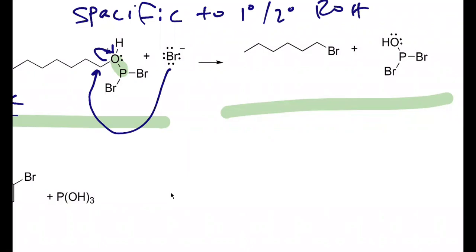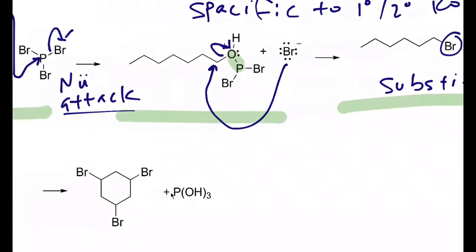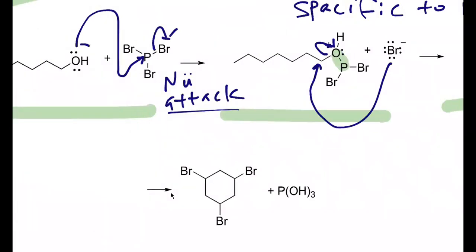Okay, so it's not going to really be an intermediate. It's just going to be one step. Well, this is an intermediate right here, but it's not a carbocation intermediate. So this is more of a concerted type reaction. It's still a substitution, right? Because you took the Br here and you swapped it with the OH here.